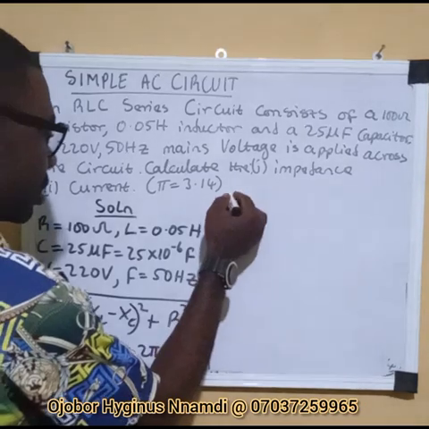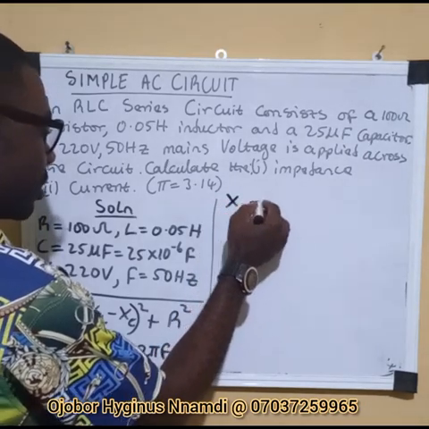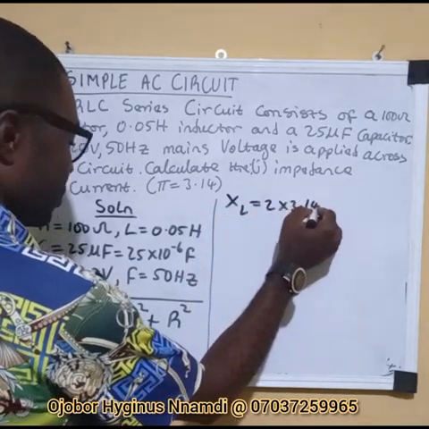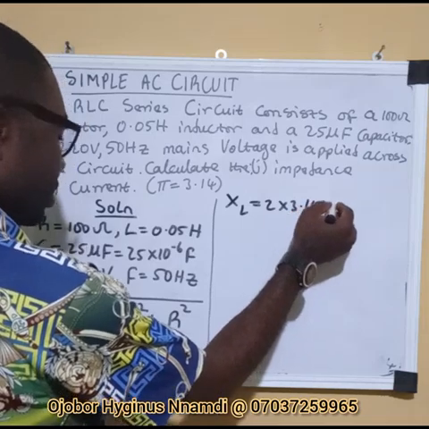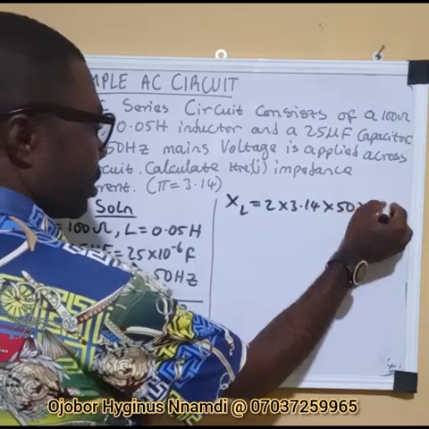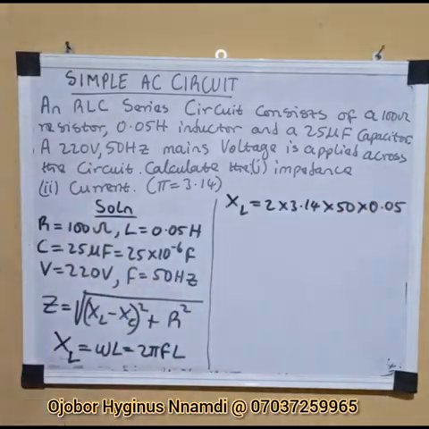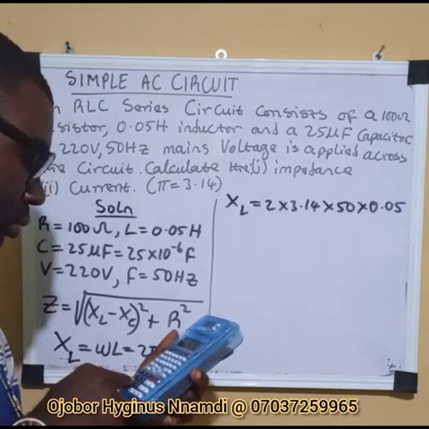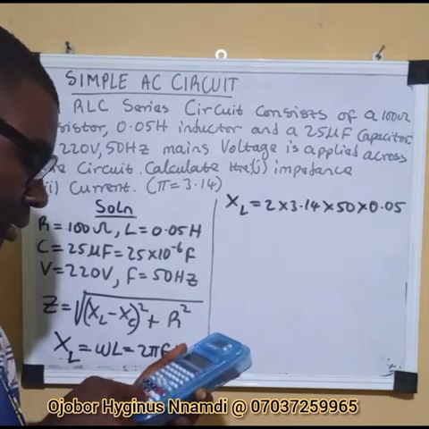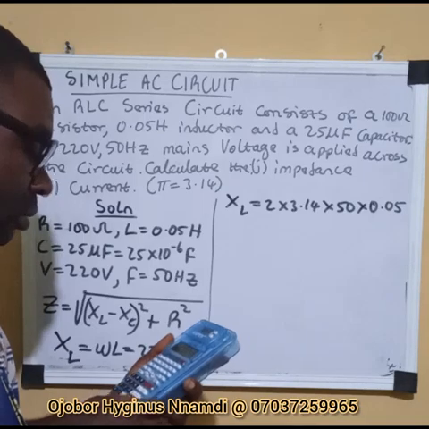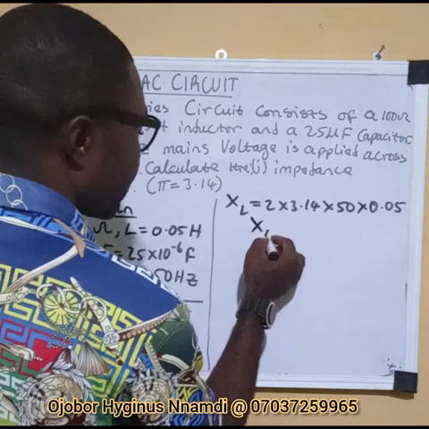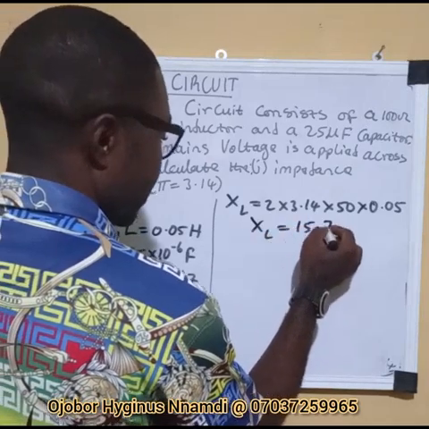So if we substitute here, our XL will be equal to 2 times 3.14, as the question gave us, times frequency 50 times inductance 0.05. Let's quickly punch our calculator. 2 times 3.14 times 50 times 0.05 will give us 15.7. So the inductive reactance is 15.7 ohms.